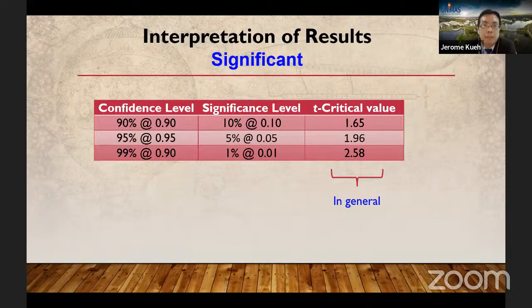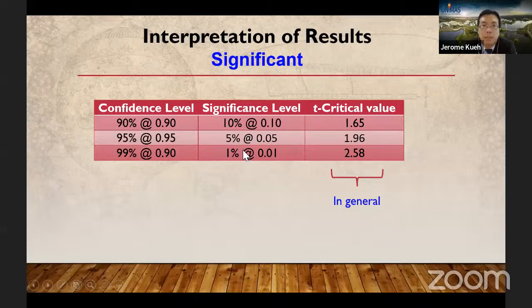In terms of significance, normally we look at either the confidence level or the significance level. Here we have 90%, 95% or 99% confidence level, and in terms of the margin of error that we allow, it could be 10%, 5%, or even 1%.